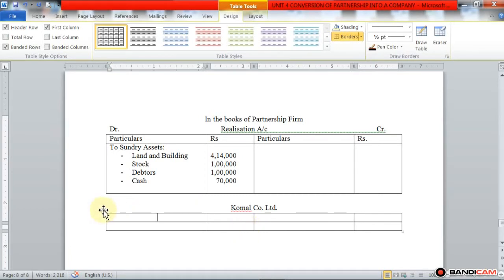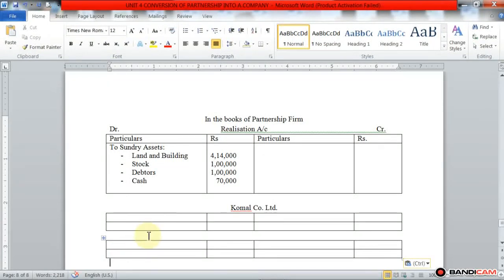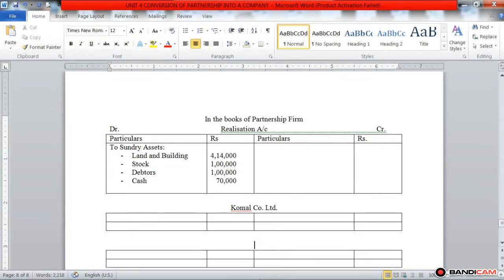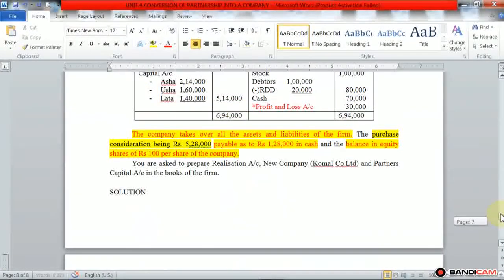Same, prepare a partners capital account. Okay, so here we prepare 3 accounts.